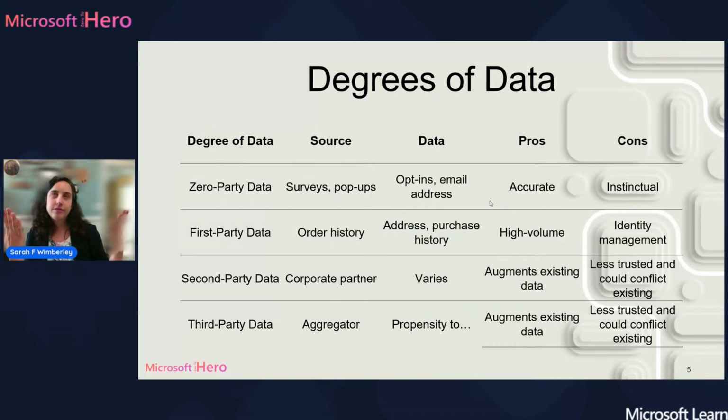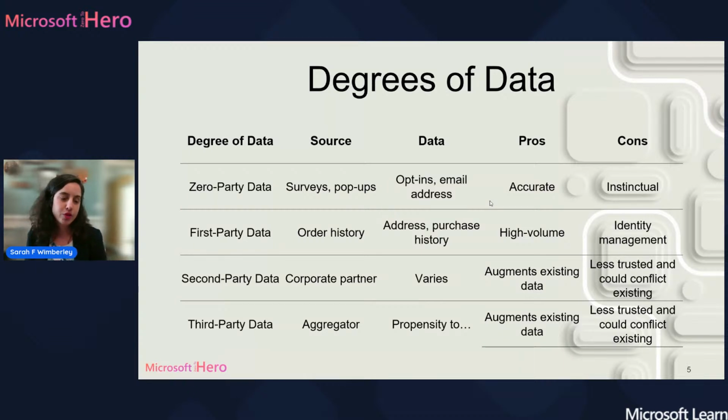And that original corporate partner's first-party data becomes their partner's second-party data. This data can augment existing data that you have, but for some organizations, depending on your partner, maybe that's less trusted for you and could even conflict with existing data that you already have. So depending on your data governance policies and how you approach that, something to think about.